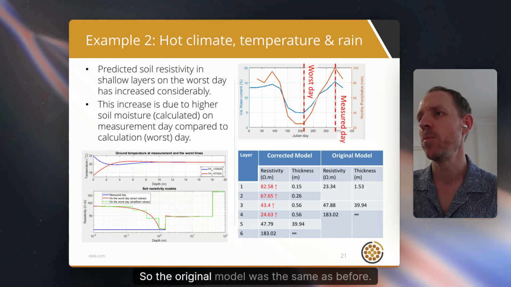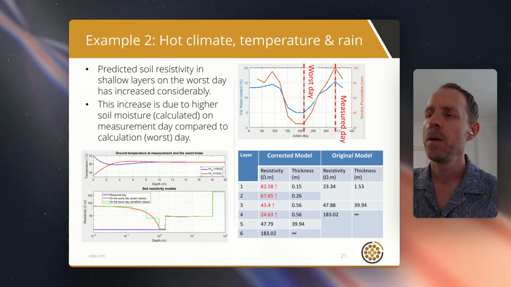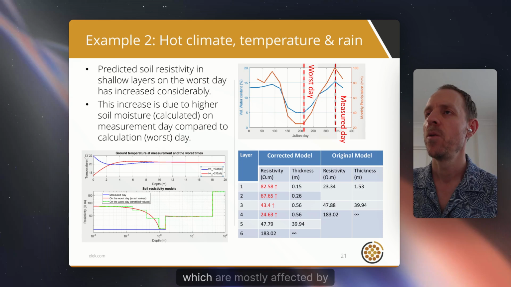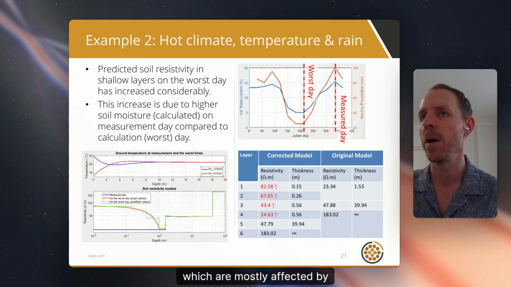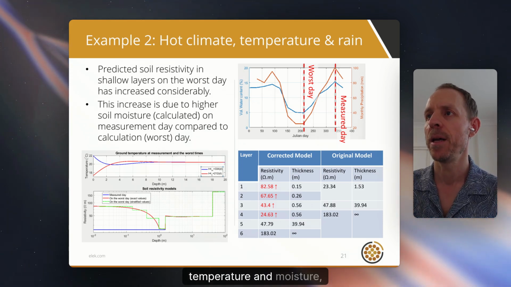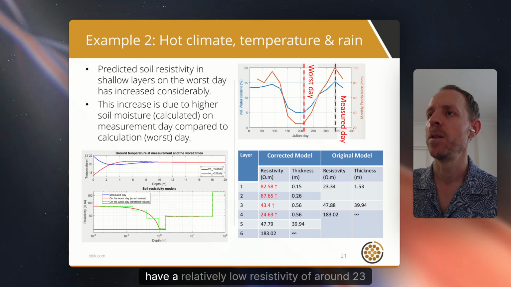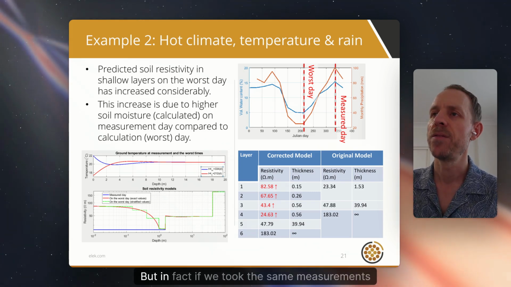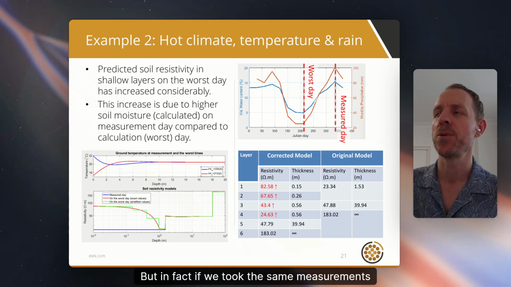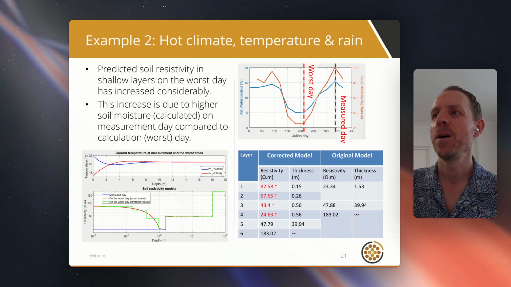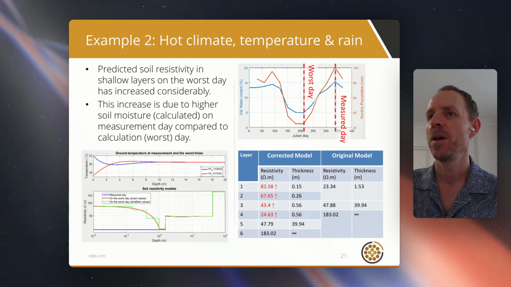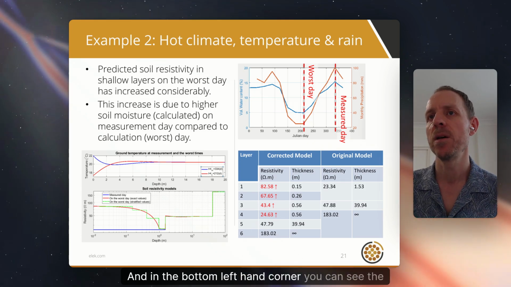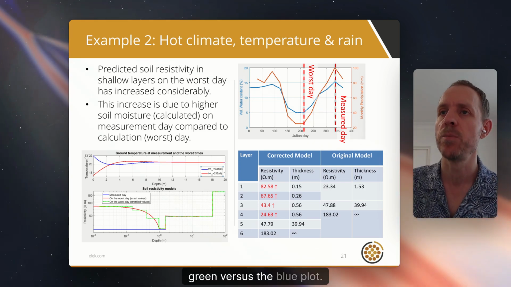So the original model was the same as before. The shallow layers, which are mostly affected by temperature and moisture, have a relatively low resistivity of around 23 ohm meters. But in fact, if we took the same measurements during wintertime, those would be much worse. And in the bottom left-hand corner, you can see the green versus the blue plot.